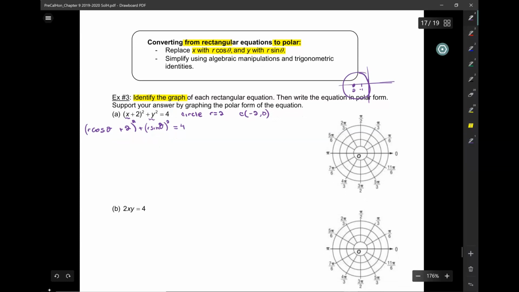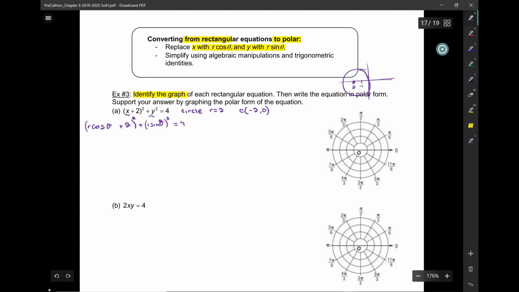All right. Next, we have to distribute the square here, right? So square the first term, r squared cosine squared theta, plus, please don't forget this inner term. 2 times 2 is 4r cosine theta, right? 2 times 2 times this.